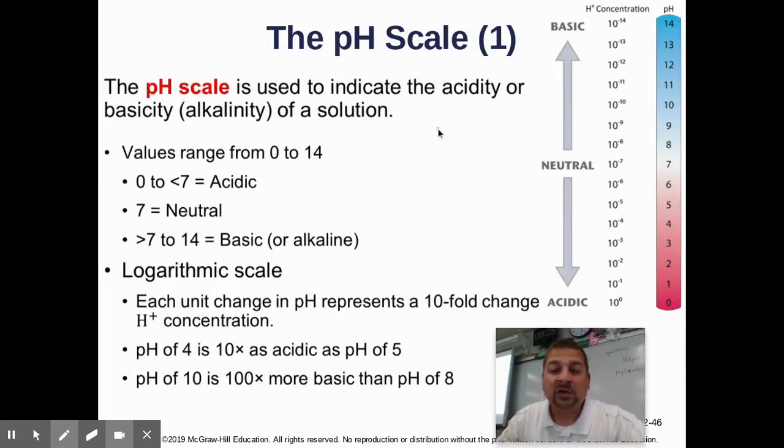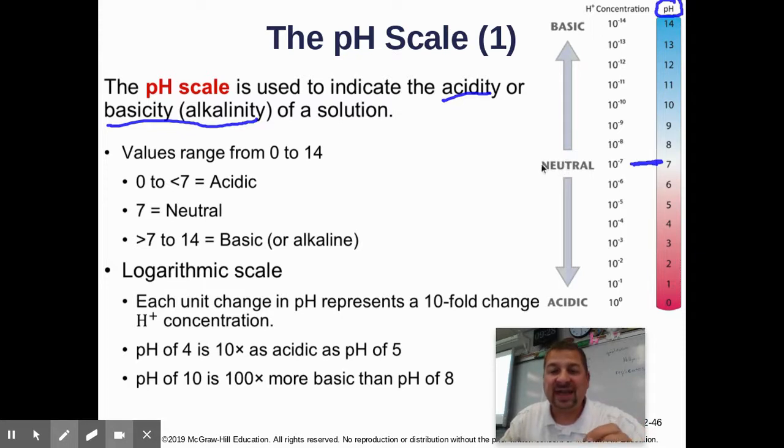If we look closer at the pH scale, it's used to indicate the acidity or the basicness or alkalinity of a solution. Values range from 0 to 14. So here's our pH scale over here, 0 to 14. At 7 is neutral. Pure water is neutral.